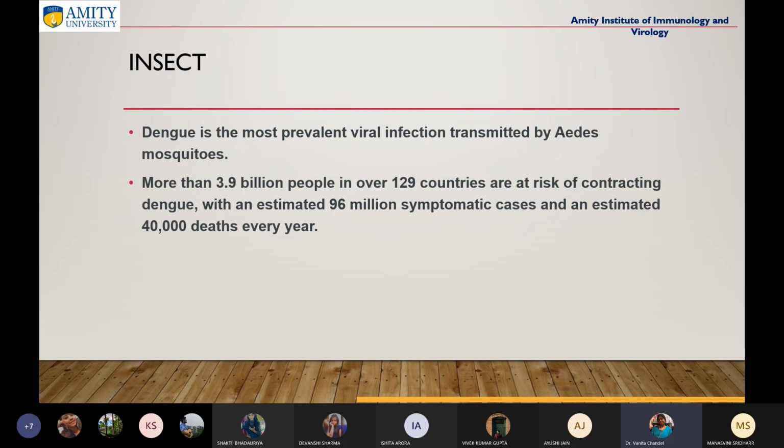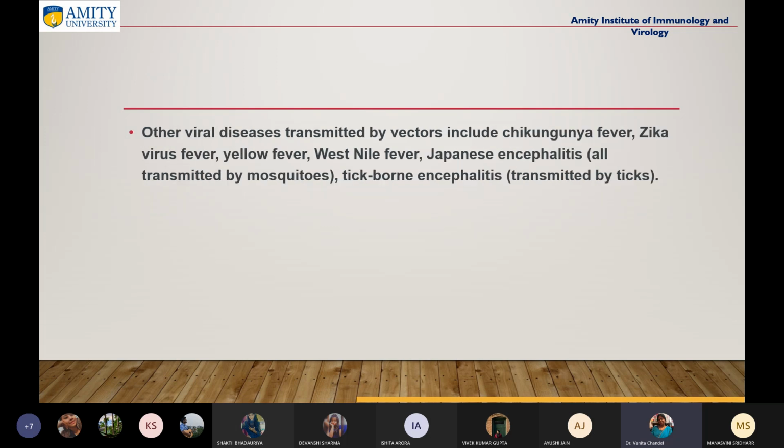In the monsoons, when a lot of water collects in different areas, they are good breeding grounds for mosquitoes. Since mosquitoes are the vector of this virus, there is always an increase in dengue cases. Maybe few cases come, but not at epidemic or larger levels, right? But still deaths are being reported.